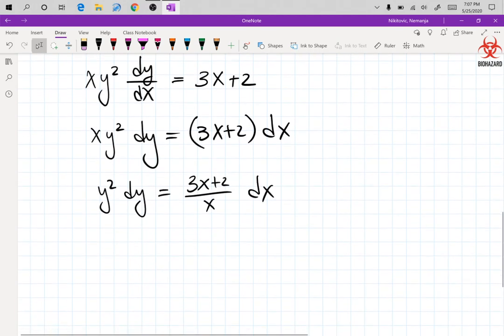So now we have separated all of this, and this is the time when I'm going to hit both sides with the integral sign to solve the equation. Now on the left hand side we are getting y cubed over 3, and let's put plus c. You could put plus c on the left, but then you will have another plus c on the right, and then you say, well, those might not be the same. Then I'm going to call one c1, then c2, and then you're going to subtract.